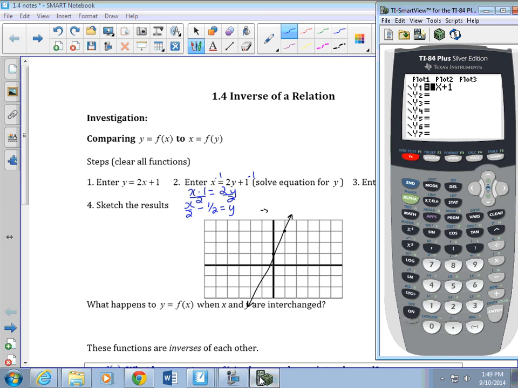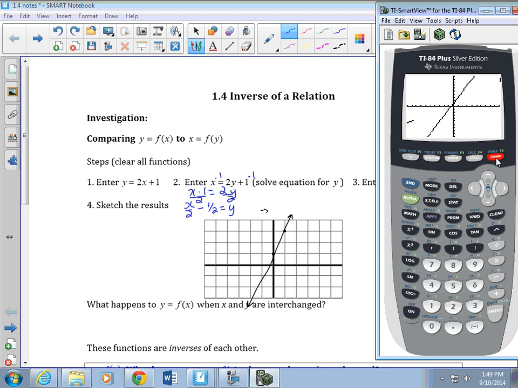You could put your (x minus 1) all divided by 2, or you could punch it in the way I have it here, using your brackets: x divided by 2, minus 1 divided by 2, or 1/2 would work.